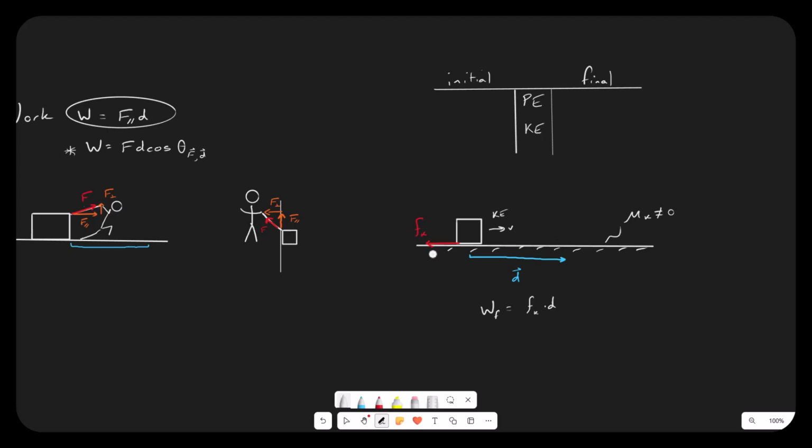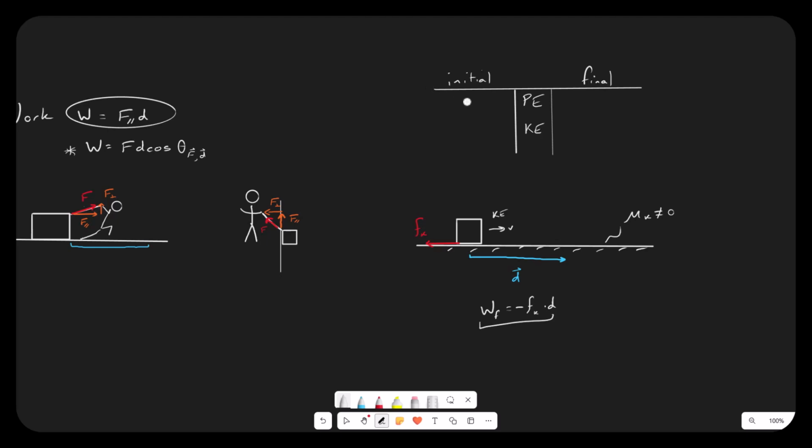These are parallel, so I'm not worried about a perpendicular component because it doesn't exist, but they're in opposite directions, so they get a minus sign. What this means is that friction is going to produce a negative work, and a negative work means that energy is coming out of my system.